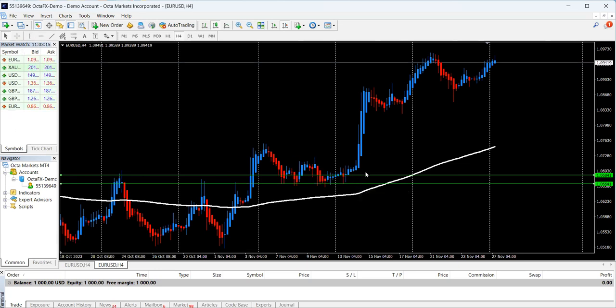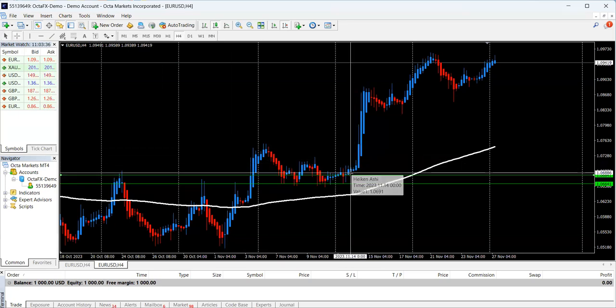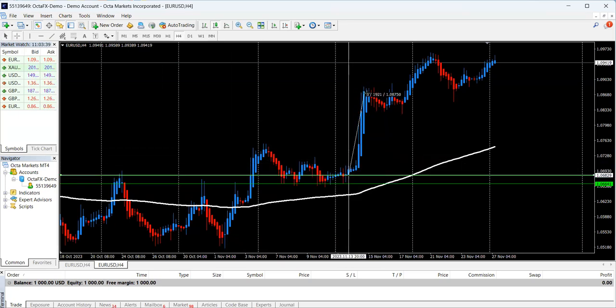And then I will continue to follow the trade all through, until a red candle forms and closes. So I follow the trade all from here till it closes here.